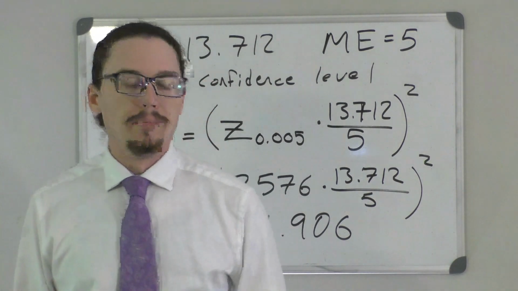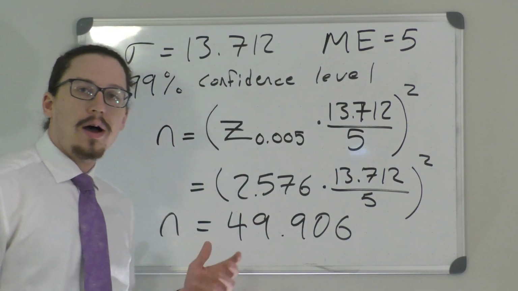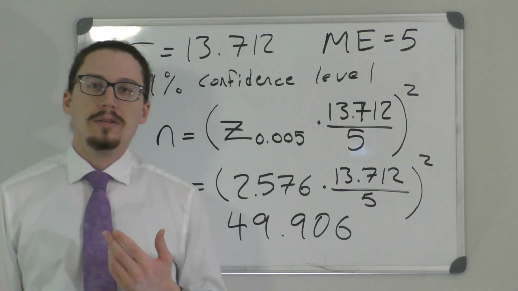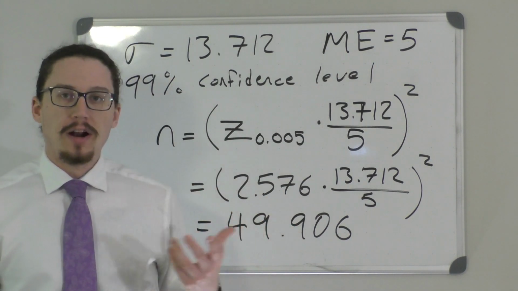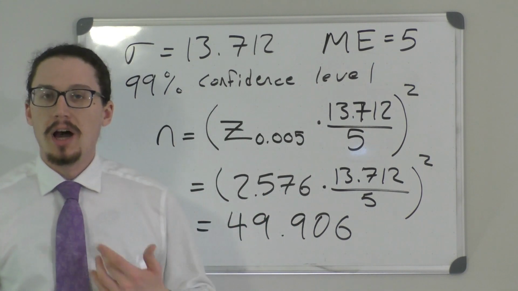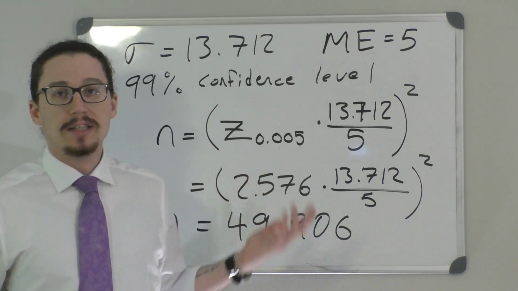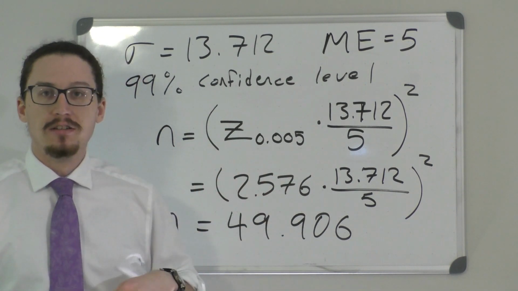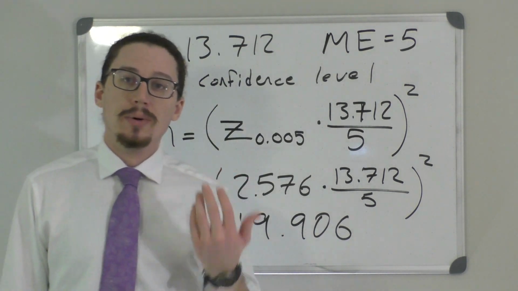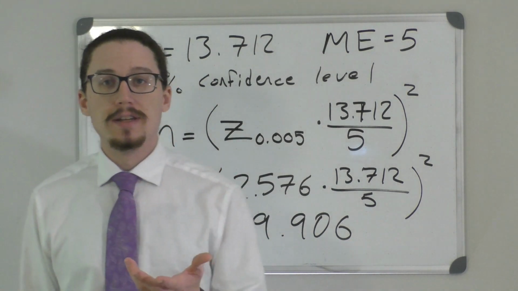When we are doing this, this is another instance where we need to round up at the end. To get this margin of error with our desired confidence level, we need to round the sample size up. In this case, we would round it up to 50.